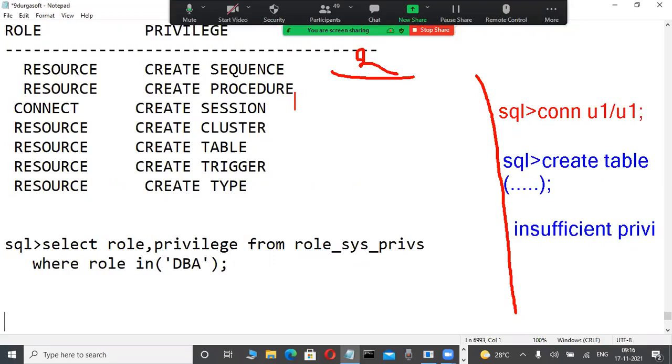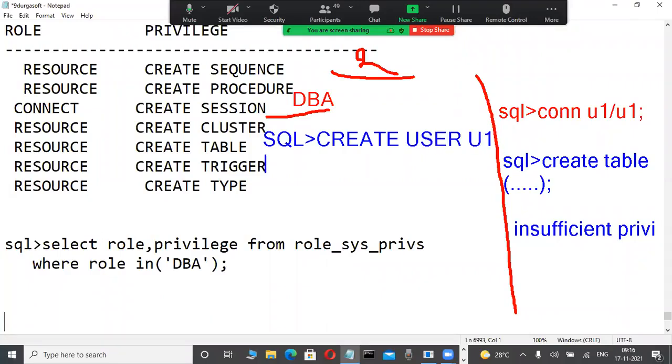Maybe my DBA, the database administrator, creates the user like this: create user U1 identified by password. Okay, fine, everyone knows that. After that, he gives a grant: the connect role to username U1.